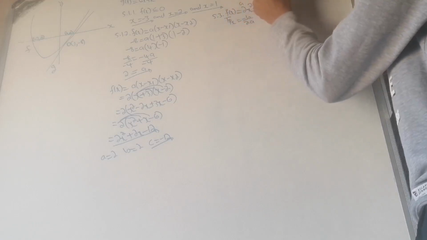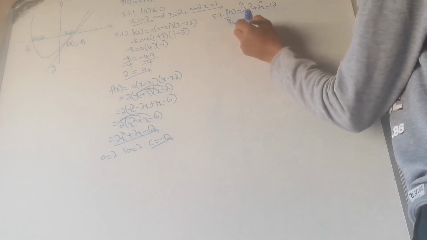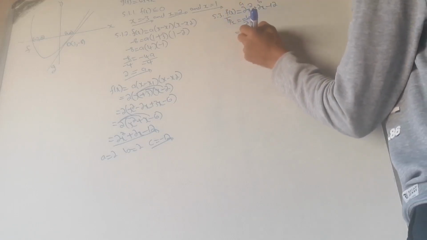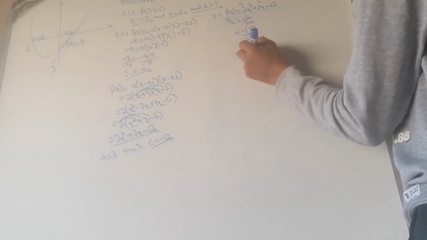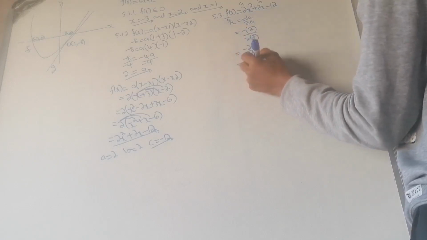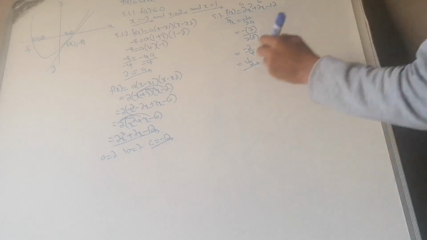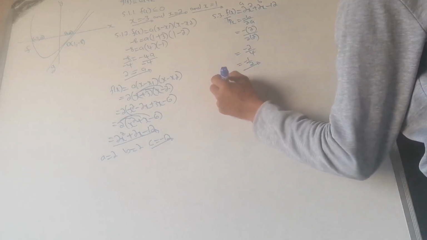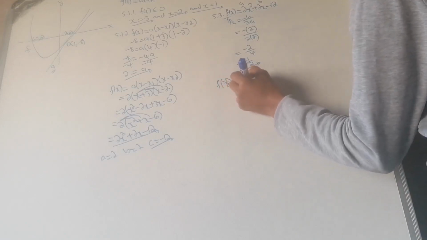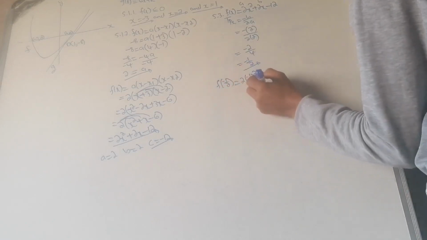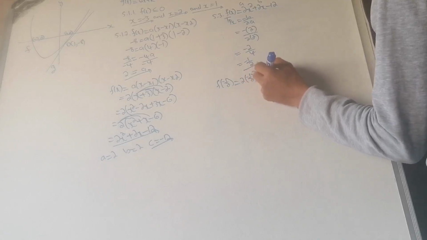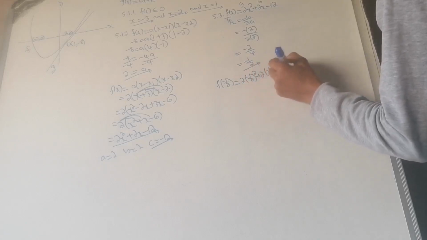This is a, b, and c. It is minus 2 over 2 into 2. This is negative 2 over 4. This is negative 1/2. I get the corresponding y value. F at minus 1/2 equals 2 into minus 1/2 squared plus 2 into minus 1/2 minus 12.